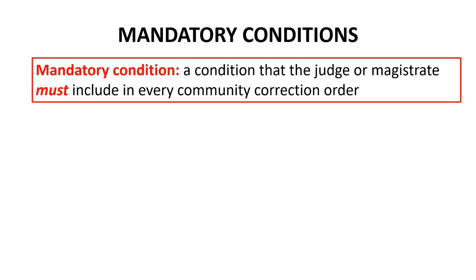Mandatory conditions are conditions that the judge or magistrate must include in every community correction order. Look down the left-hand side of your vocabulary sheets, find the term mandatory condition and write this definition in there.